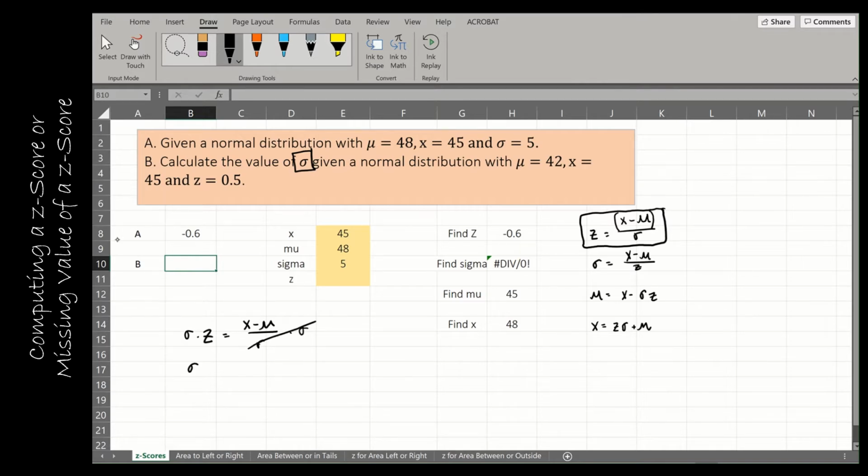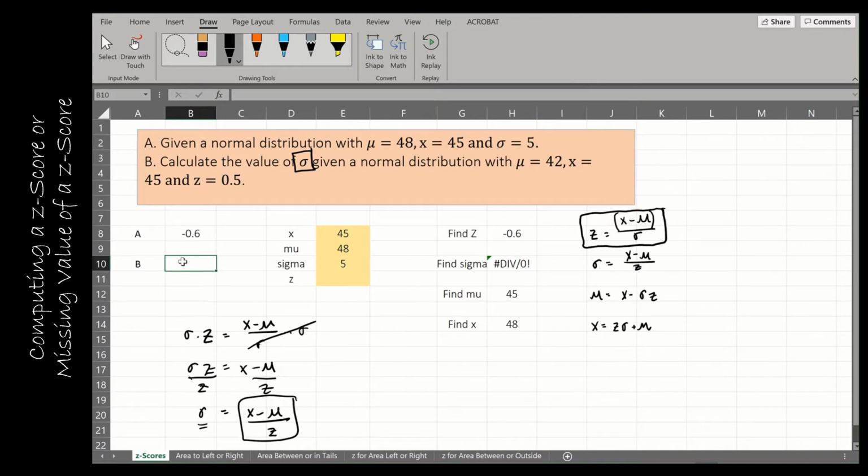So now I have sigma times Z is equal to x minus mu. Now I'm trying to get sigma by itself, so I'm going to divide by Z on each side. That gives me sigma is equal to x minus mu divided by Z. Now notice I have sigma by itself.